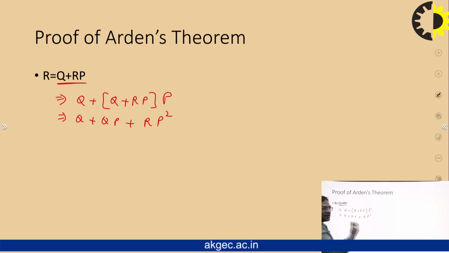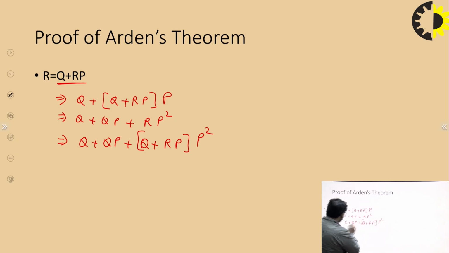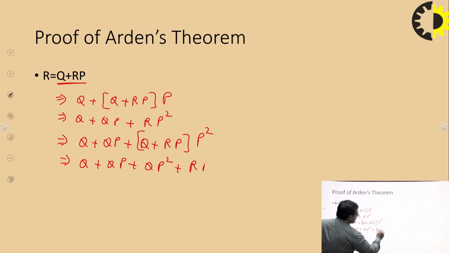Again, because this is a recurrence relation, we have an R here. In the place of R, we write Q plus RP and then P square. When we solve this, we get Q plus QP plus QP square plus RP cube. Then Q plus RP, then Q plus QP plus RP square, then Q plus QP plus QP square plus RP cube.